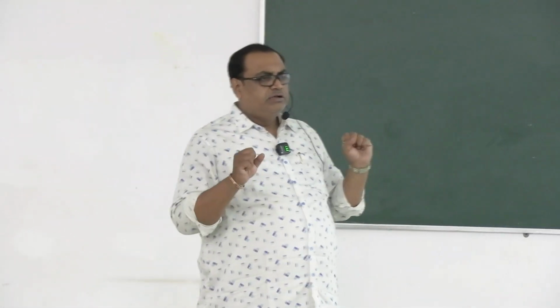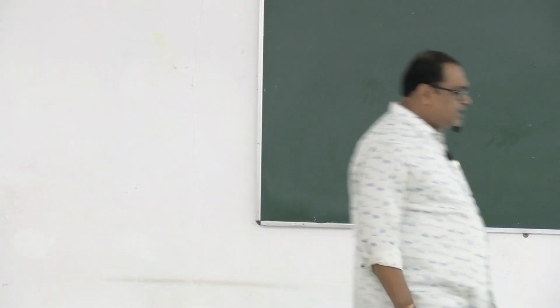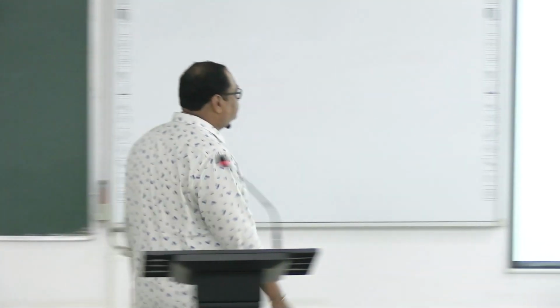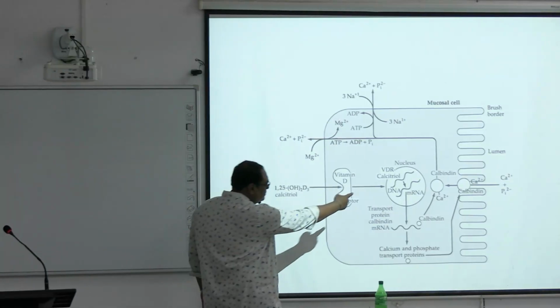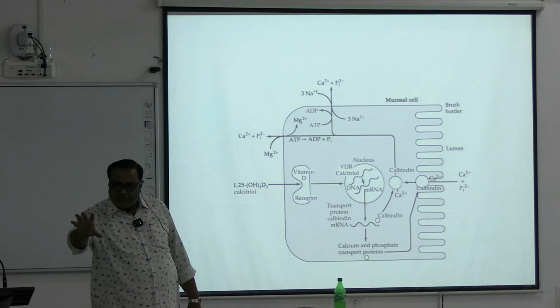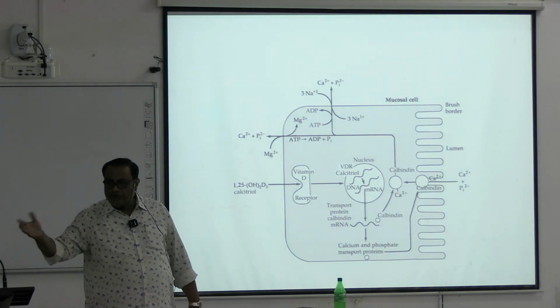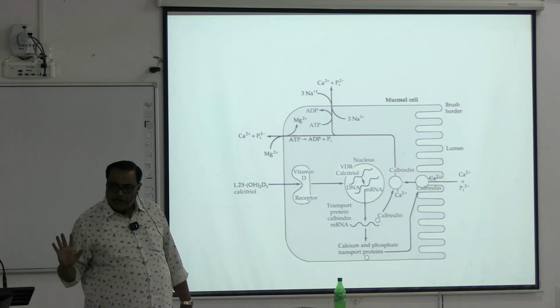It holds free calcium inside the cell. So whatever calcium is absorbed from the gut, if it is not trapped by calbindin, then it will again come out, or it will not enter anymore. Correct?